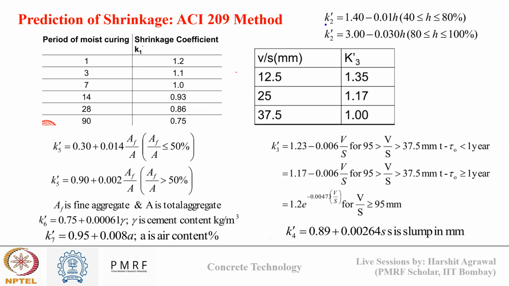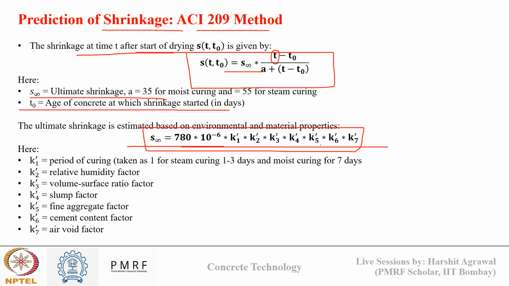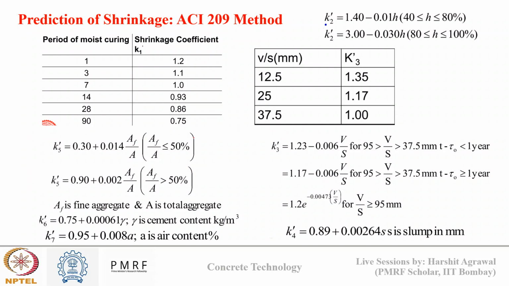For the different coefficients, k1 to k7, the ACI code has given tables, which can be used to calculate different factors. How much moisture curing was done will give you the k1 factor. Based on the volume to surface area ratio, we get the k3 factor. Then there is the k2 factor based on relative humidity.